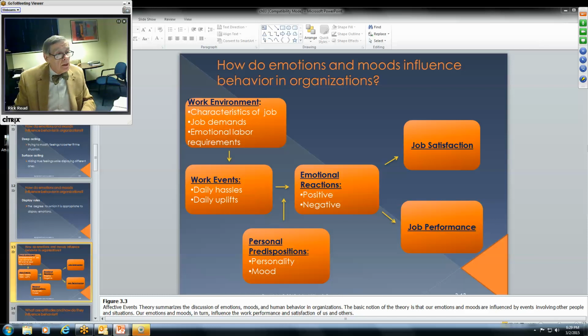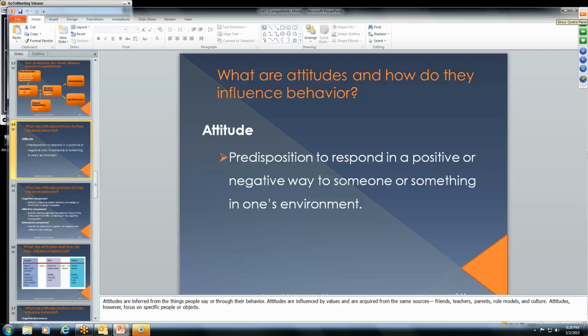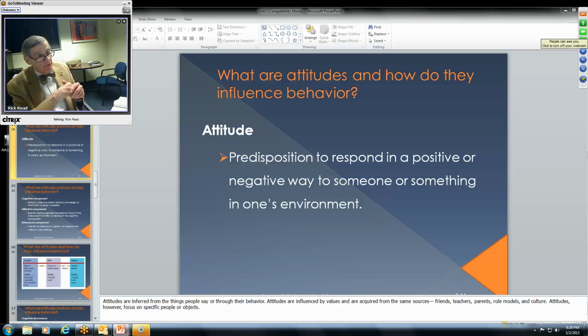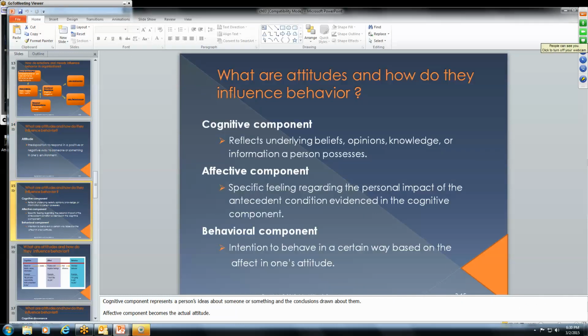All right. Attitude. This is, notice here what it says. We are predisposed to respond positively or negatively to someone or something within our environment. Within this, we have a cognitive component, an affective component, and a behavioral component.